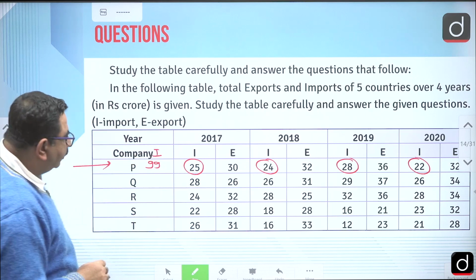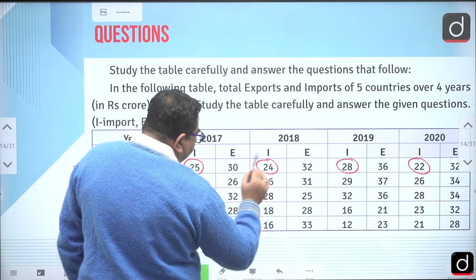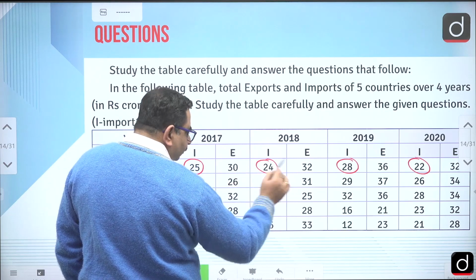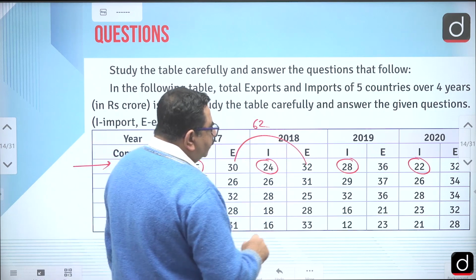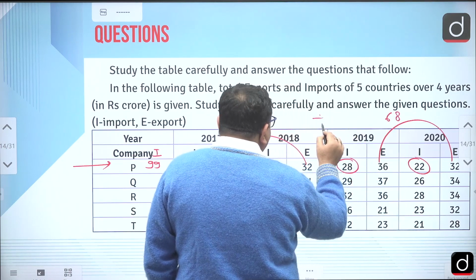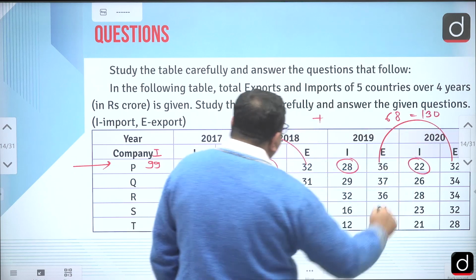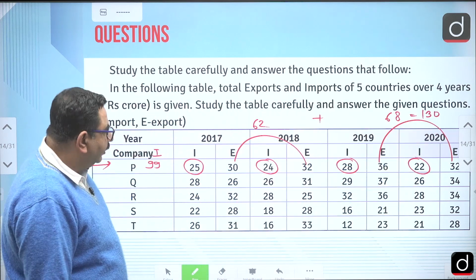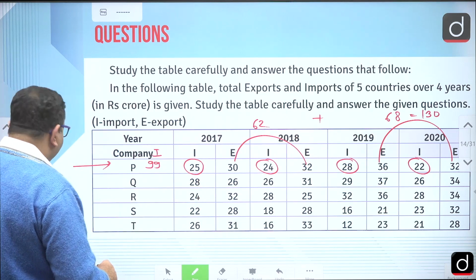We can check for total exports. Now this is 30 plus 32, that is 62, right? And 36 plus 32, that is 68. So 62 plus 68, can I say this is 130, right?